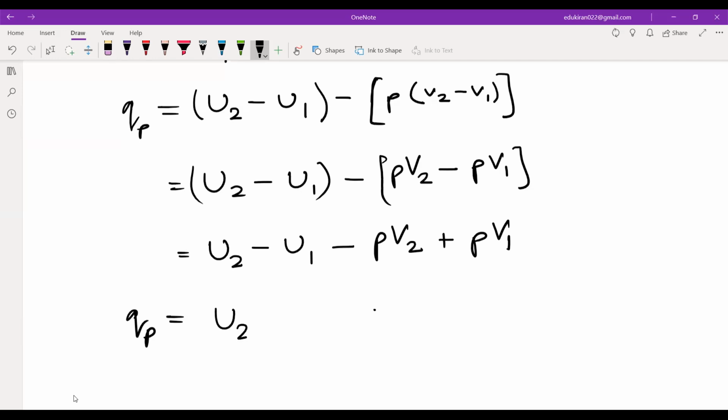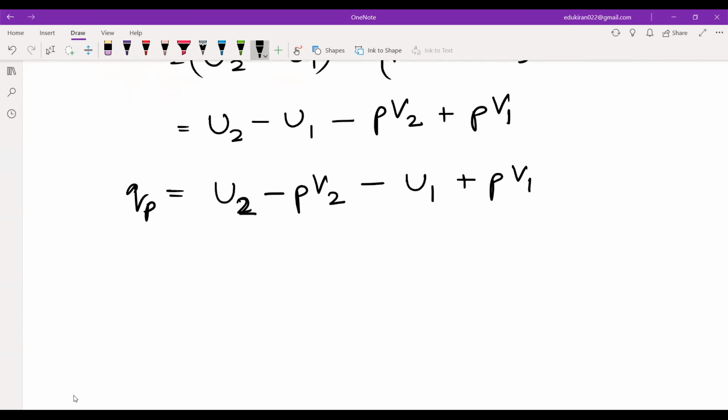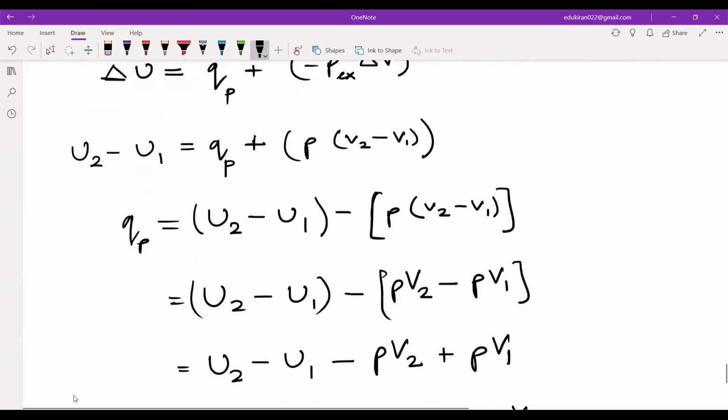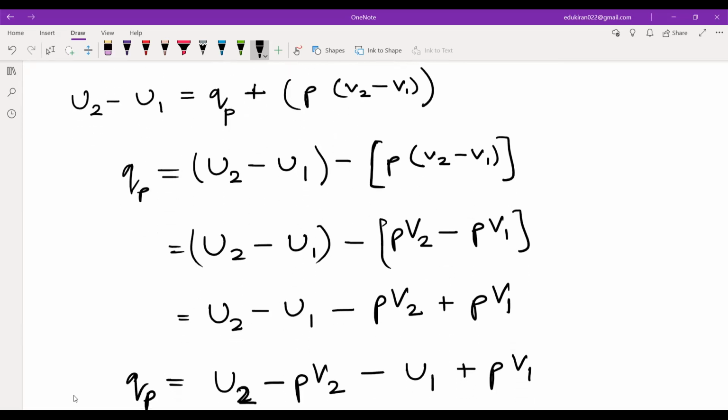U2 minus PV2, minus U1, plus PV1. There should be one thing, U2 minus V1, equal to PV2 minus PV1.